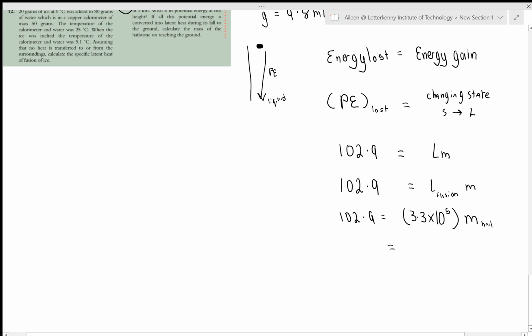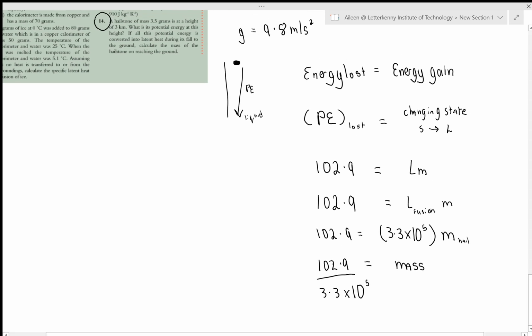So to find our mass now, we divide our equation by 3.3 by 10 to the power of 5 to find the mass of your hailstone, which gives us 102.9 divided by 3.3 by 10 to the power of 5.